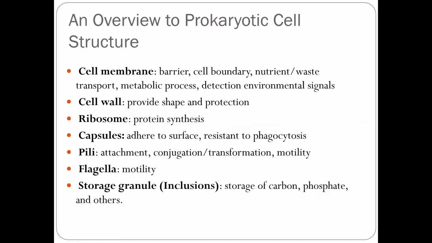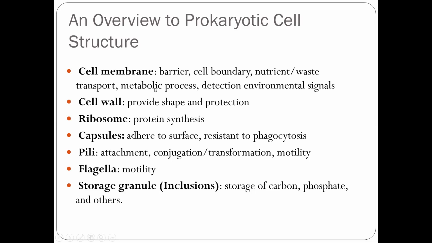So here is a slide which gives you an overview of prokaryotic cell structure and their functions. The cell membrane is a barrier, a boundary system, transferring nutrients and waste inside and outside of the cell.